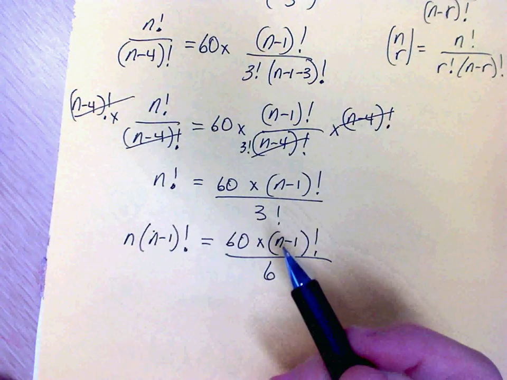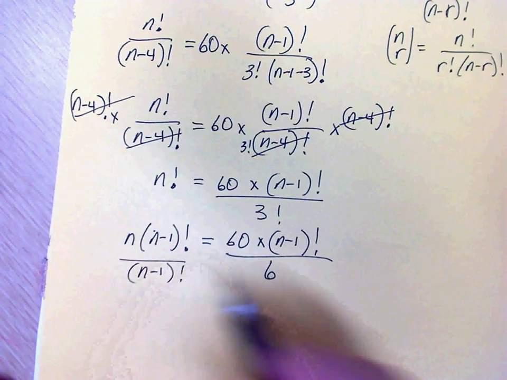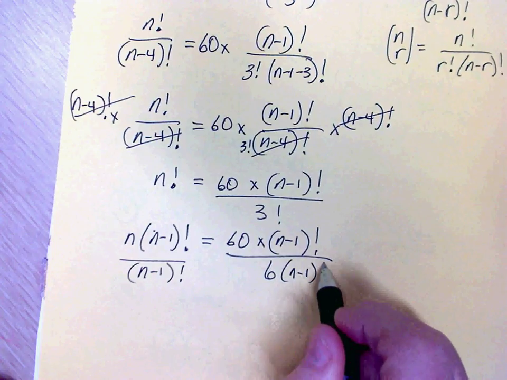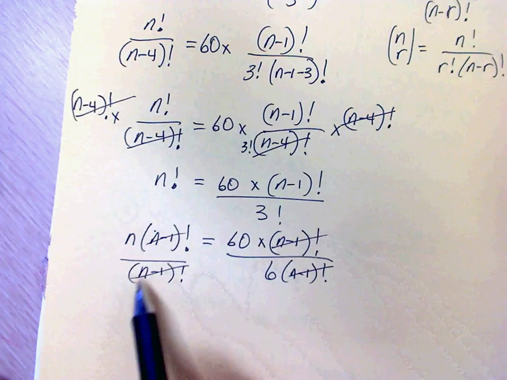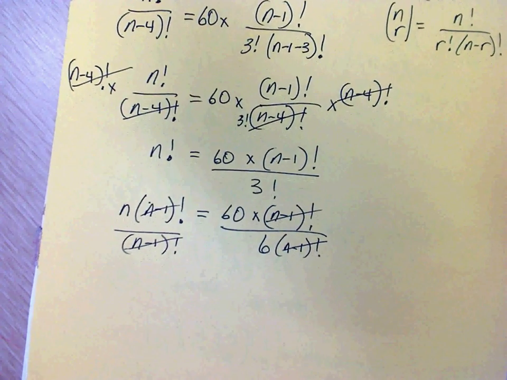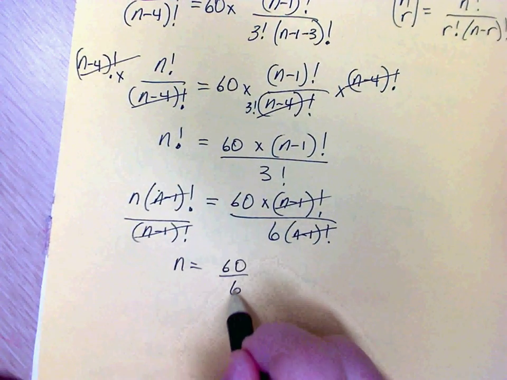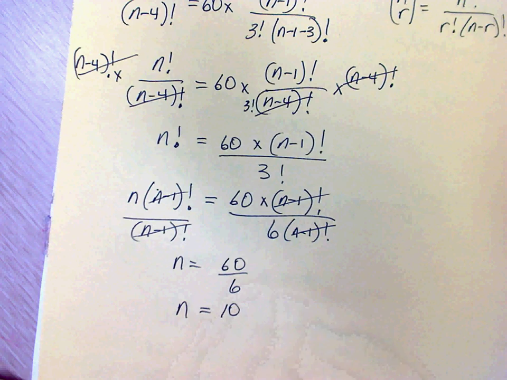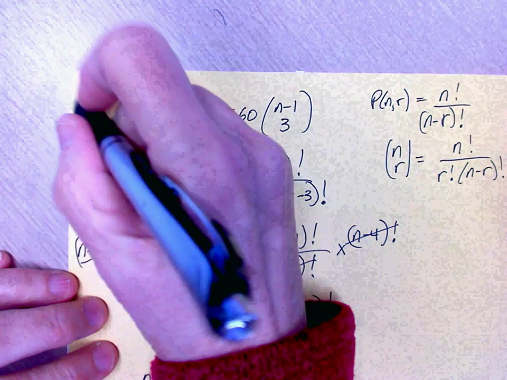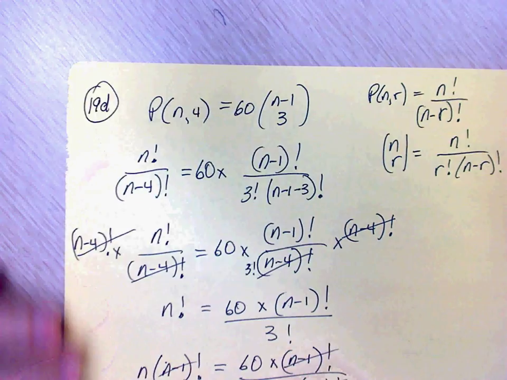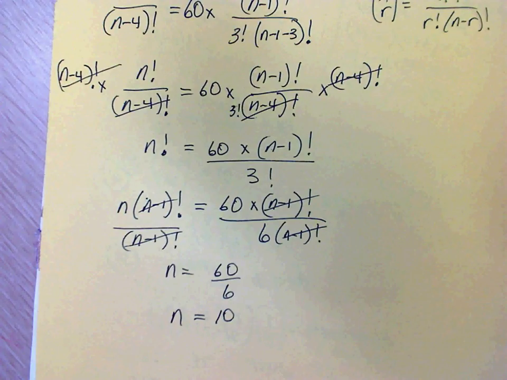If I divide this side by n minus 1 factorial and this side by n minus 1 factorial, those divide out. As long as I do to the left side what I did to the right side, we're fine. So this leaves me with n equals 60 over 6 and n equals 10. So that was number 19D. Okay, good.